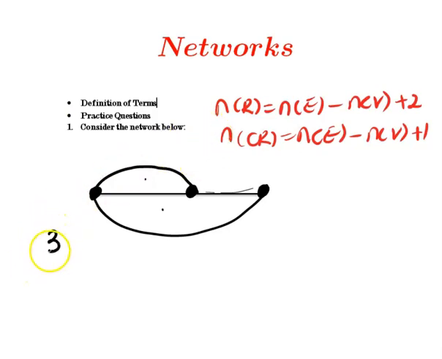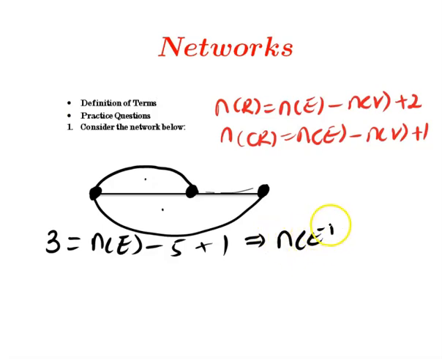We have 3 is equal to number of edges minus 5 plus 1. So you have negative 5 plus 1, negative 4. Crossing over, it will be 3 plus 4, 7. So it gives us 7 edges.